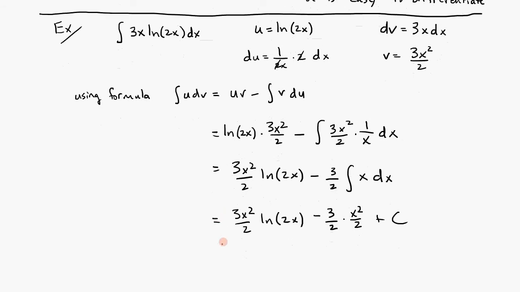And if I want to simplify, this is 3x squared over 2, natural log of 2x minus 3/4 times x squared plus the constant.